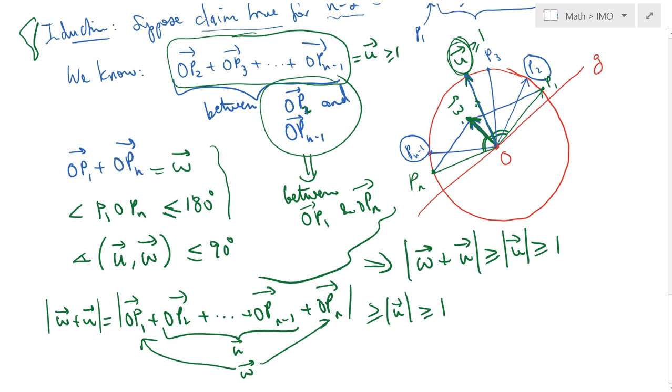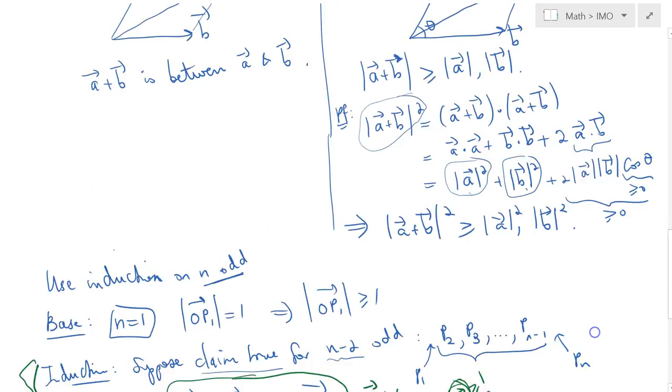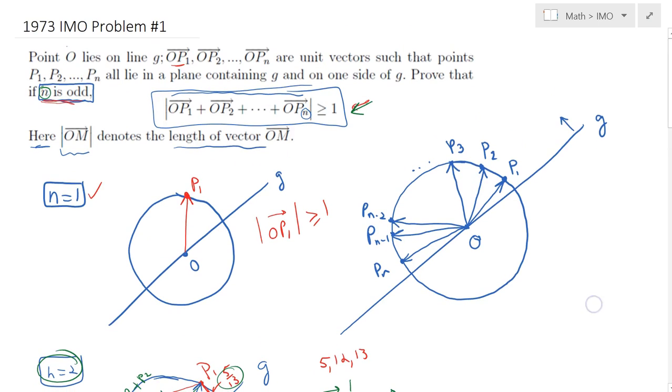And that simply completes the desired proof, right? So therefore, it establishes that the claim holds true using induction on n, where n is an odd number.